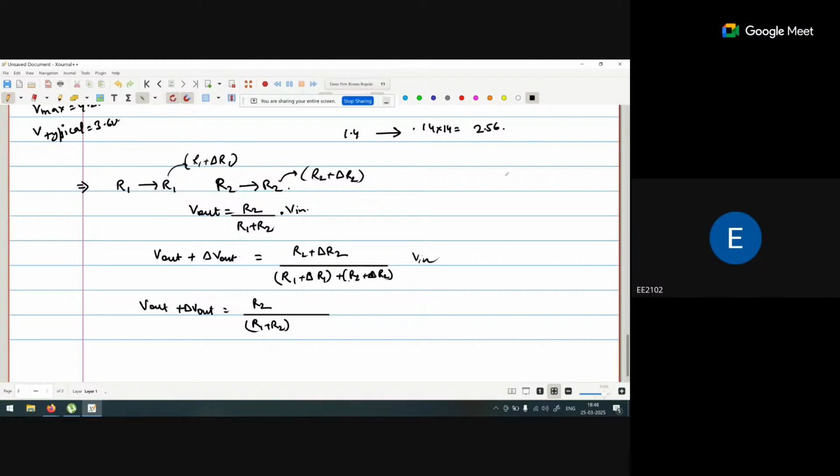For the remaining terms, at the numerator it is 1 plus delta R2 upon R2, and in the denominator, 1 plus (delta R1 plus delta R2) upon (R1 plus R2). Okay, so V out plus delta V out is this.